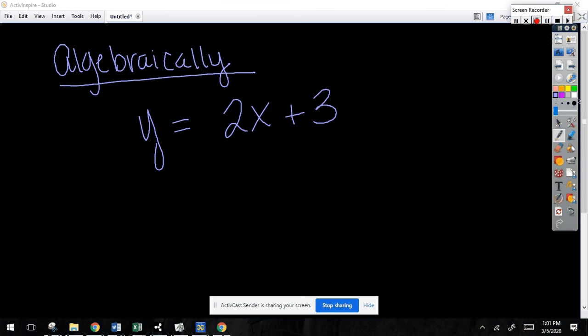If I want to find the inverse algebraically, it's the same thing I do whenever I'm looking at coordinates or a graph. I'm going to switch x and y, only this time I'm going to solve it for y once I switch them.